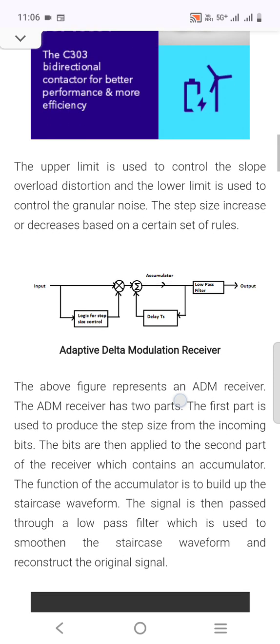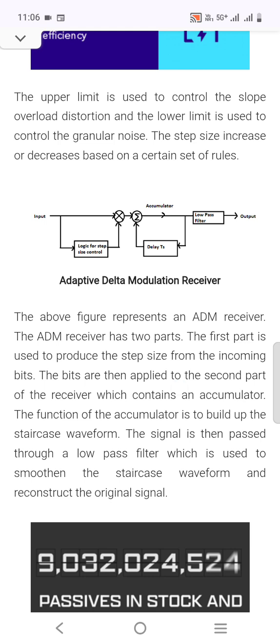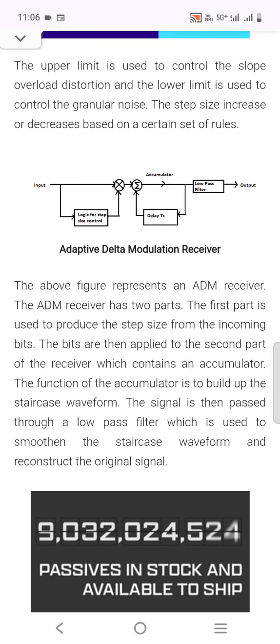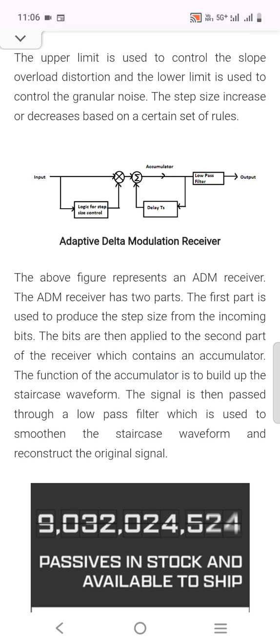The upper limit is used to control the slope overload distortion, and the lower limit is used to control the granular noise. The step size increases or decreases based on a certain set of rules.